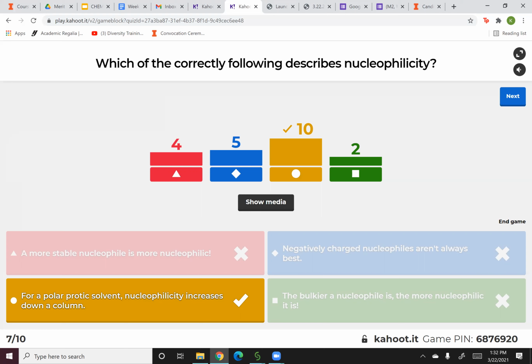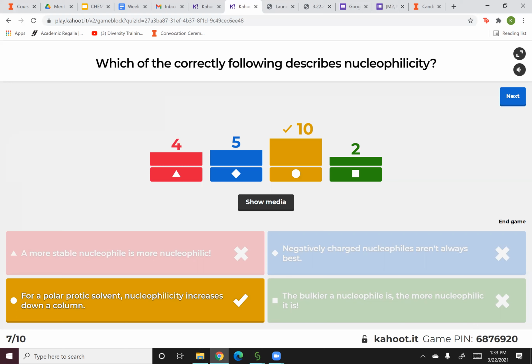To go off of that, this idea that negatively charged nucleophiles aren't always best. Why is that wrong? Yes, yes. The whole idea of a nucleophile is you want it to have concentrated electron density.